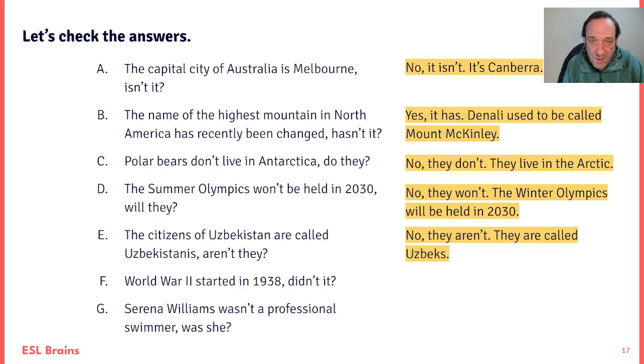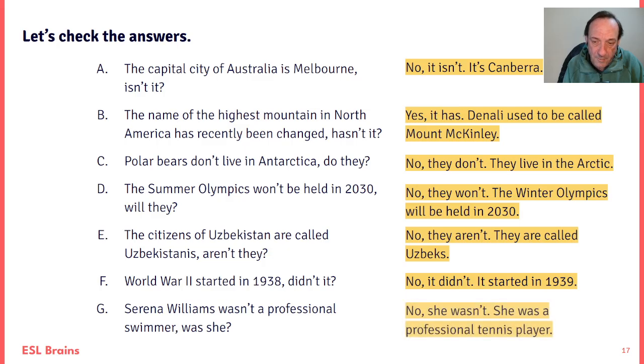World War II started in 1938, didn't it? No, it didn't. Started in 39. Serena Williams wasn't a professional swimmer, was she? No, she was a tennis player. She wasn't. Cool.